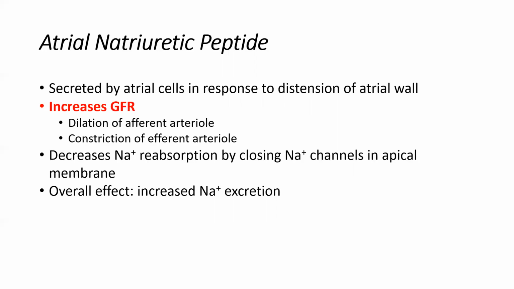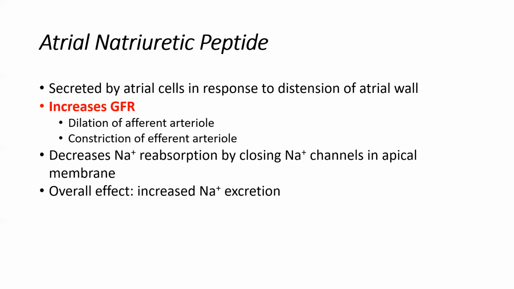The result of this is going to be decreasing sodium reabsorption by closing the sodium channels in the apical membrane of the distal parts of the tubule and increasing the amount of sodium that is excreted or lost in the urine. Now, if you think about this practically, this is what we want if we have extra blood pressure.